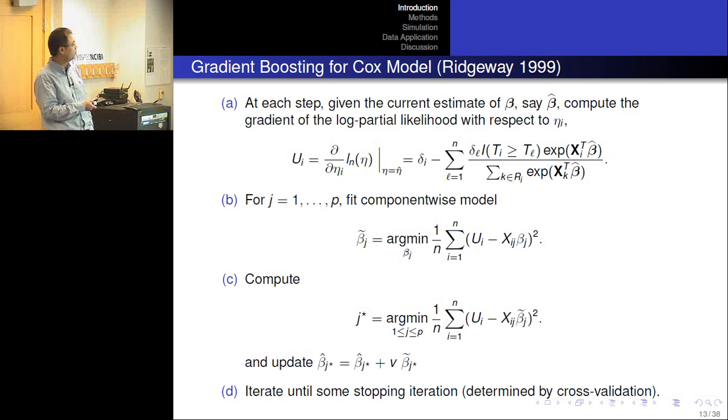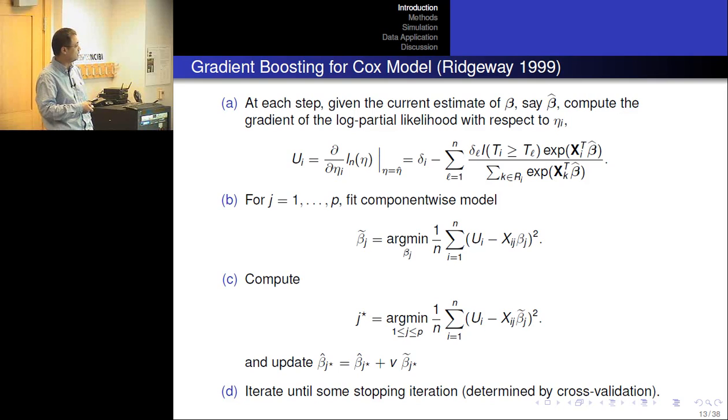And for boosting, after they calculate this pseudo response, they fit a component-wise model. That means for each variable, they fit a univariate linear regression model, and they calculate the coefficient for each variable. After they calculate all the coefficients, they choose the optimal component.